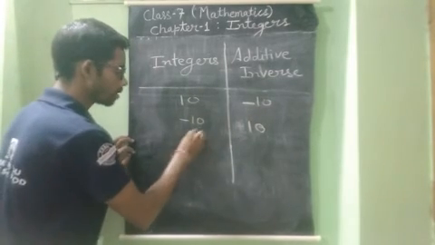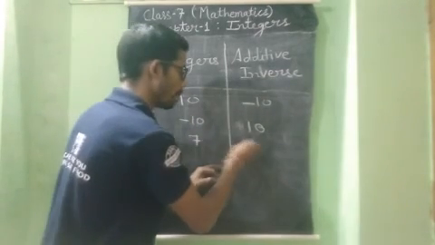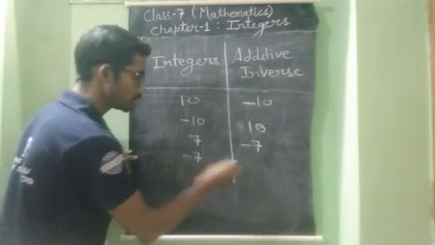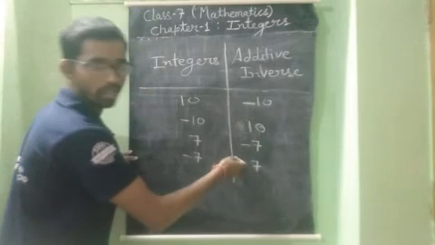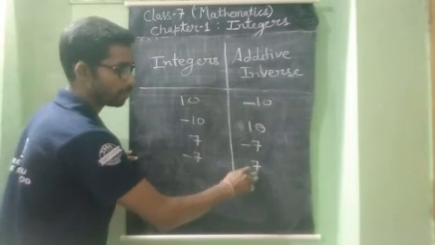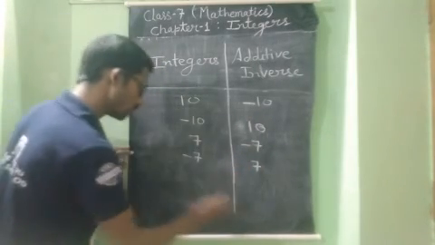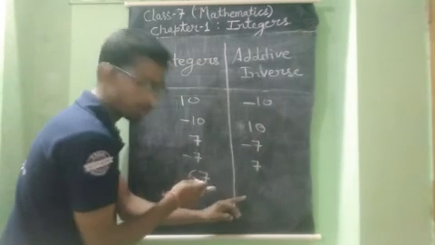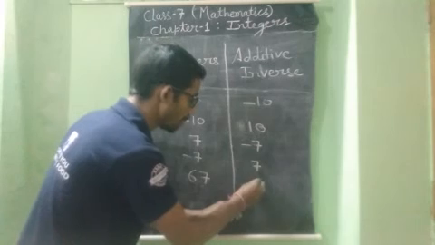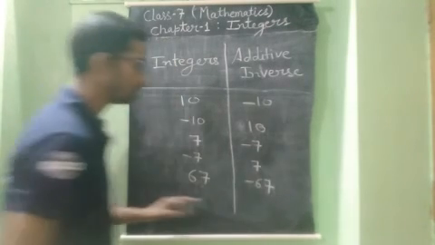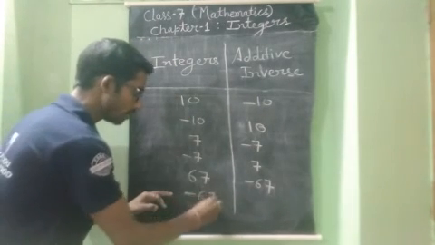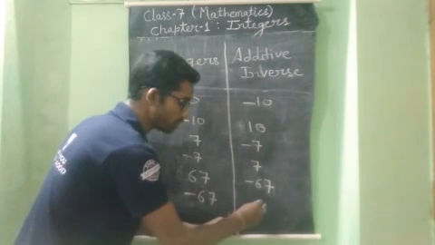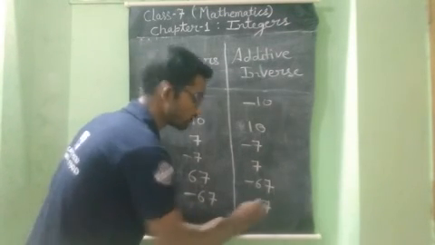The additive inverse of 7 is minus 7. The additive inverse of minus 7 is plus 7. See, 7 means plus 7. The additive inverse of 67 is what? Minus 67. The additive inverse of minus 67 is plus 67.